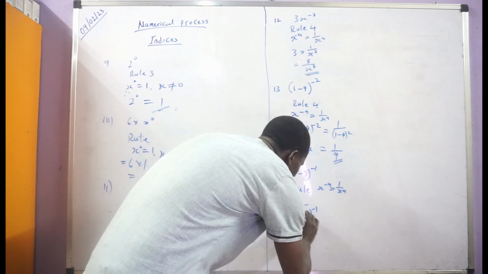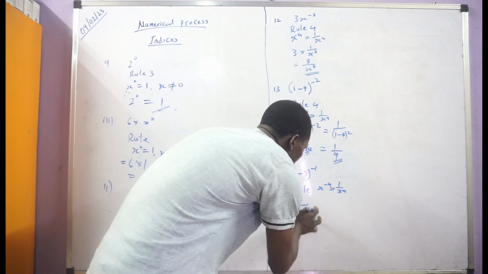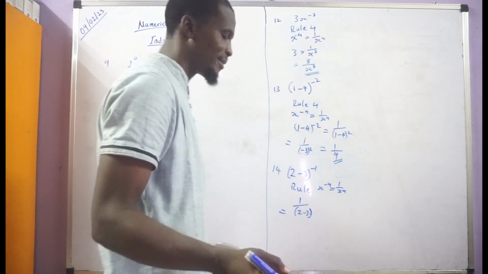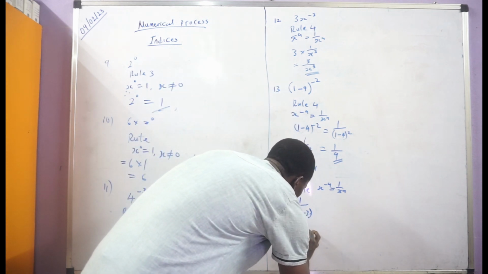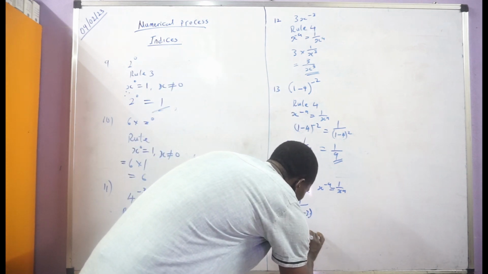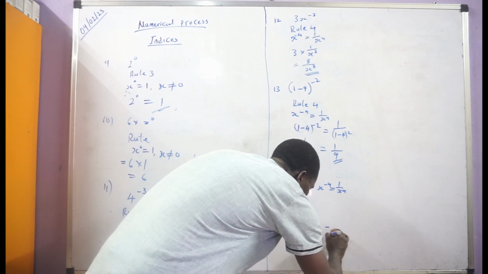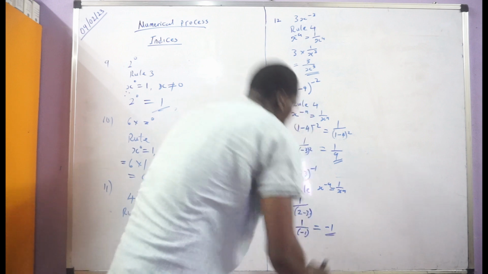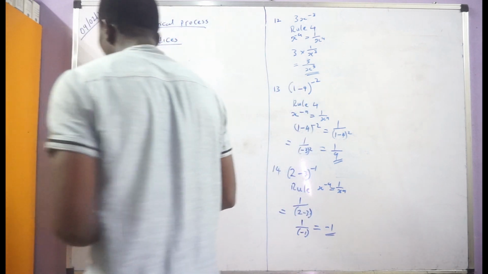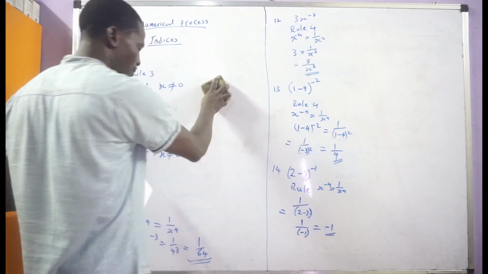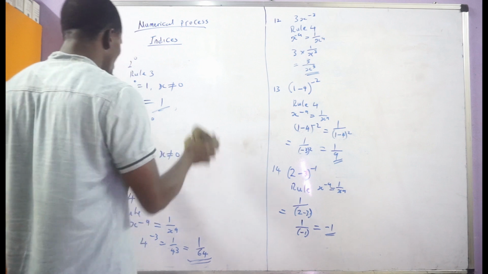There's no need to put raised to power 1. So we have 1 over minus 1. Our answer becomes 1 over minus 1, which is equal to minus 1. That is the answer for number 14. Let me quickly take this off the board. I hope you have copied it or understood it, so you can go through them.